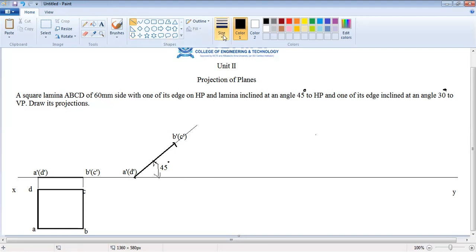Now we are going to extend the points to the top view by using a scale, by straight lines towards the top view. And also we are extending the top view here.